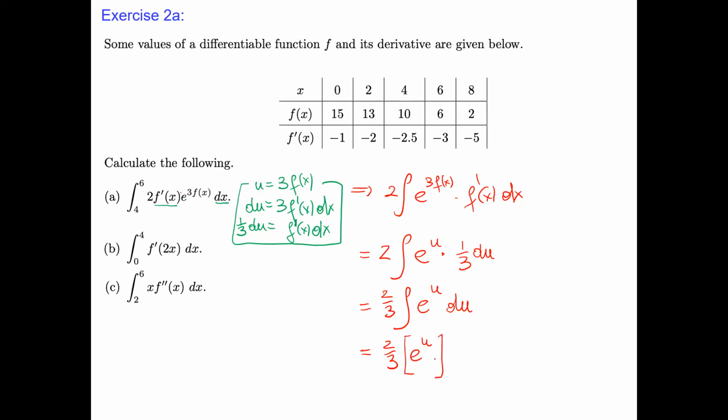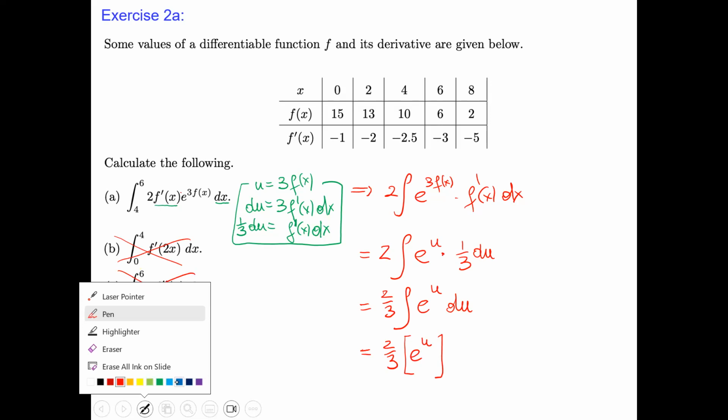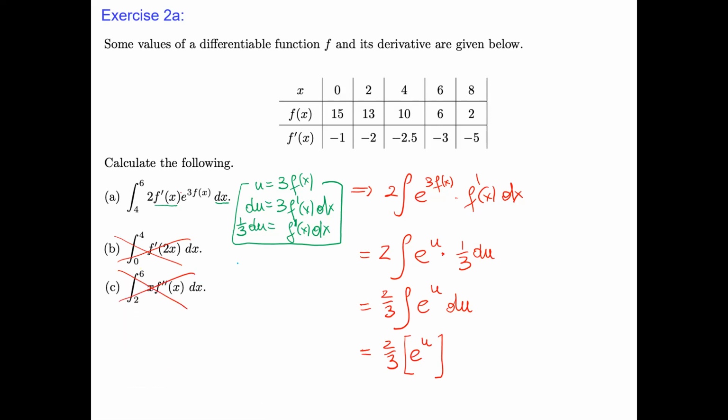And now we need limits of integration. Let's cross this one because we will solve it on the next slide. We may use the new limits of integration since we have a definite integral with the u substitution. That means these will be new bounds, new limits of integration.